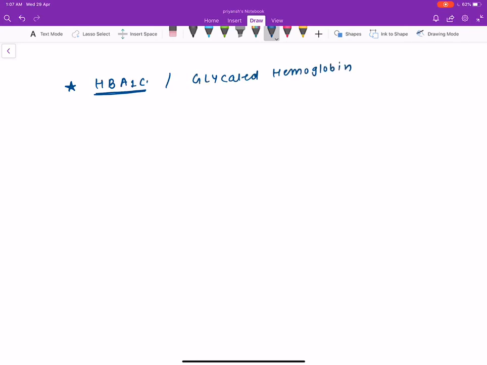Now what happens is, the hemoglobin which is present in the plasma can unite with glucose. This process is called glycation. Once the glucose unites and the glycation process occurs, it will produce glycated hemoglobin.